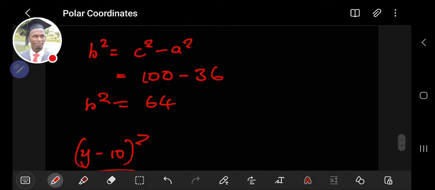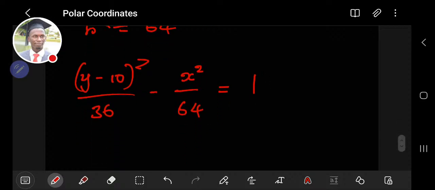So it's going to be y minus 10 squared over A squared, and A squared is 36, then minus, since we are in the vertical axis, x, which has not been shifted, squared over B squared, and B squared is 64, equals 1.